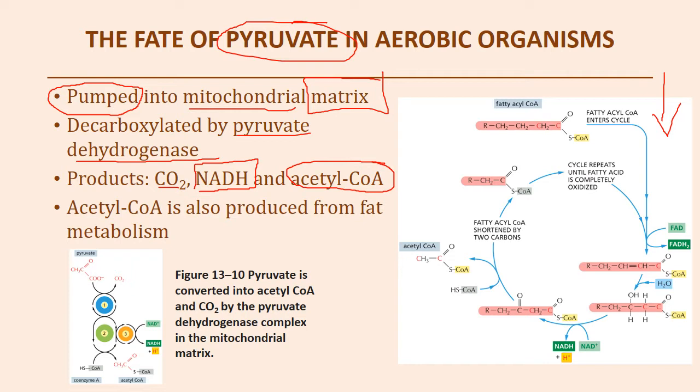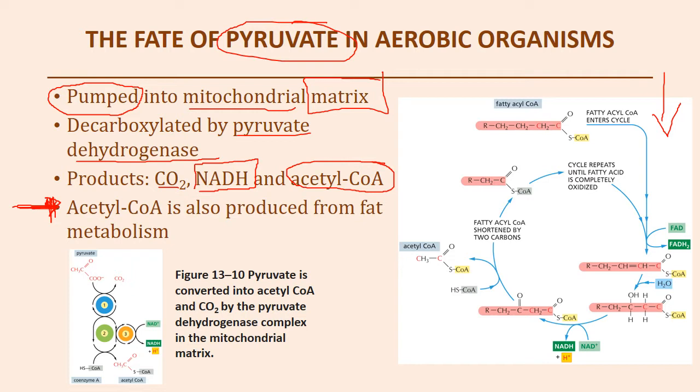I also want to mention something that I had said earlier, which is that please keep in mind that glucose is our perfect or ideal starting reagent for cellular respiration. However, if glucose is not available, we are able to use our other food sources such as the amino acids from proteins or the glycerol and the fatty acids from lipids.